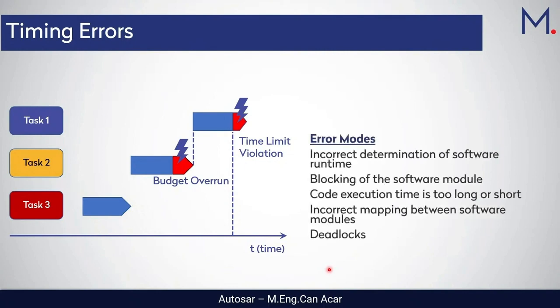If it is not defined correctly, the runtime of a software module is determined incorrectly so that this module can block the other one. So mismatch between software modules. Apart from all this, budget overrun, time limit violation may occur.